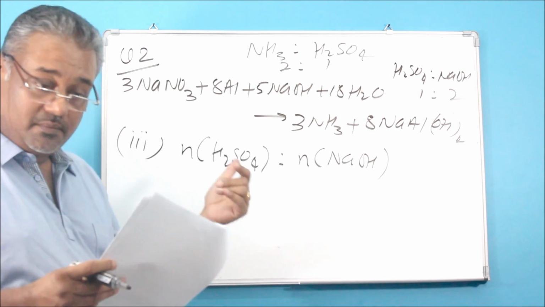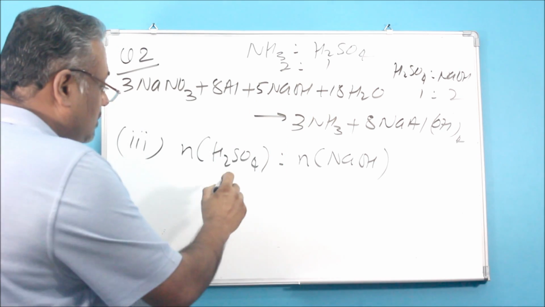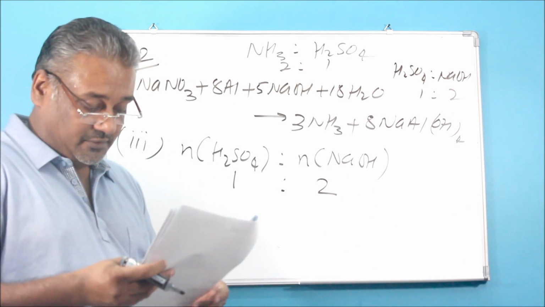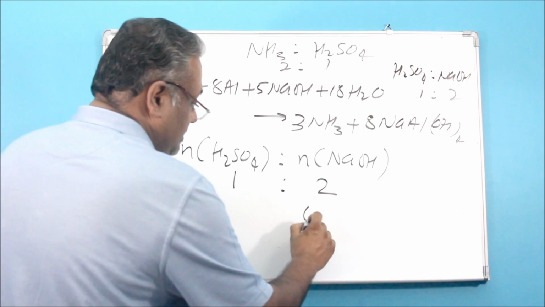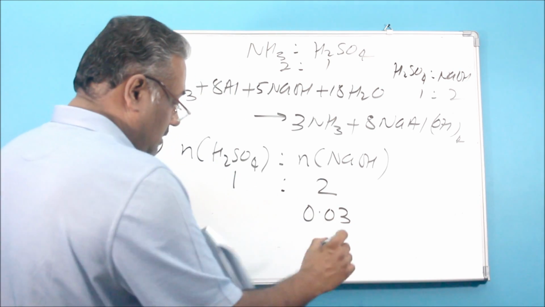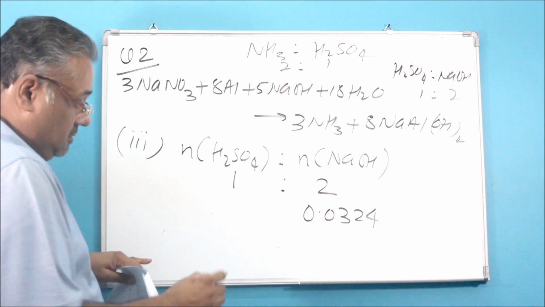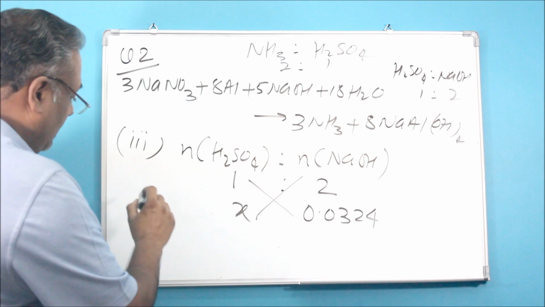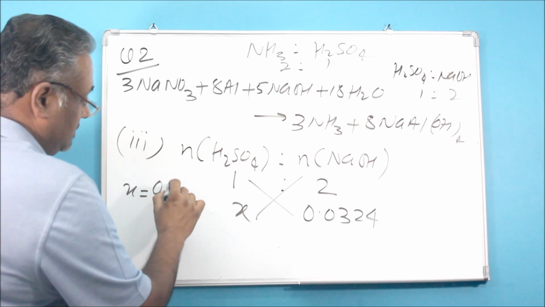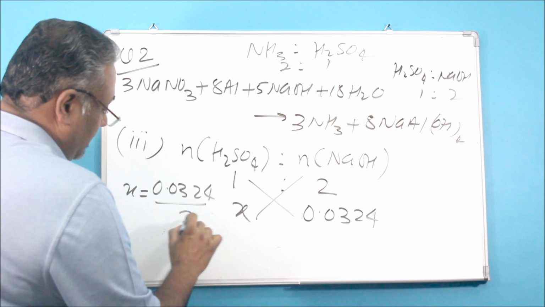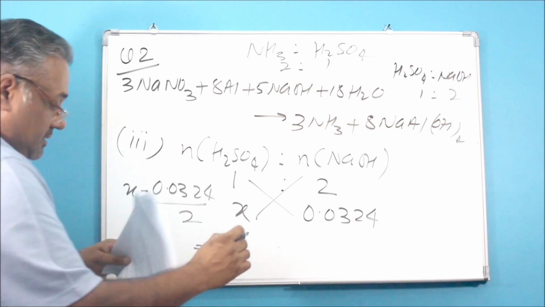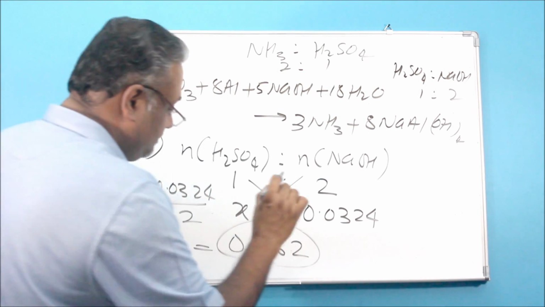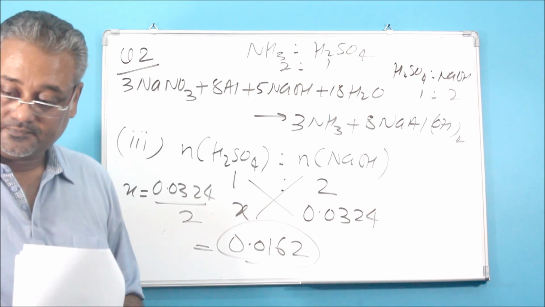From the equation given above, you know that between them the ratio is 1:2, and you already have the moles of NaOH from the previous question, which is 0.0324. So you just put x here, cross multiply and solve for x. So x will be equal to 0.0324 divided by 2, and that's how you get 0.0162 as your answer. That's how we get the moles of H2SO4.